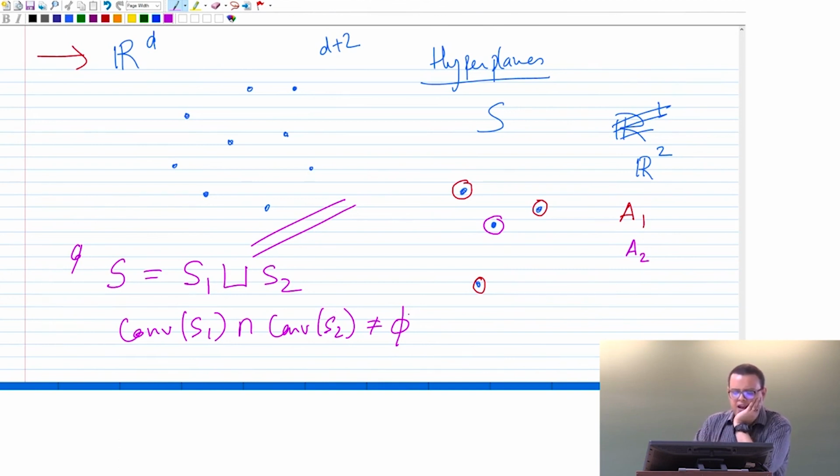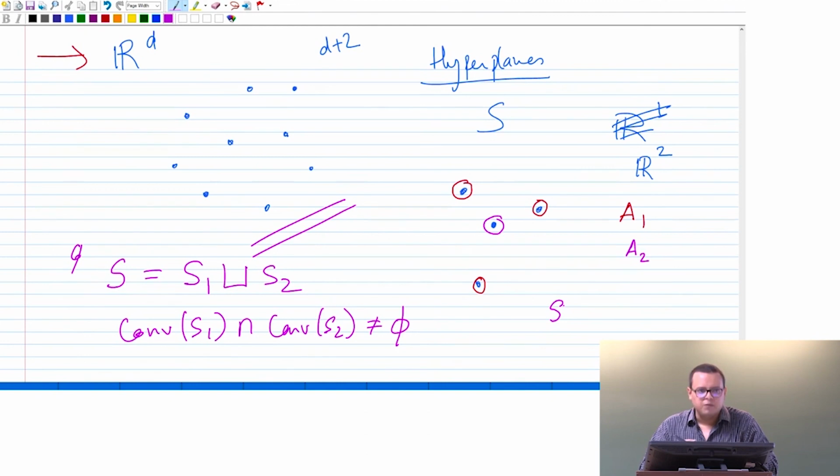Can I separate S1 from S2? If I was splitting S1, that means there is a hyperplane that separates S1 from S2. Can there be a hyperplane that separates S1 and S2 given that their convex hulls are intersecting? No. So what does it mean?